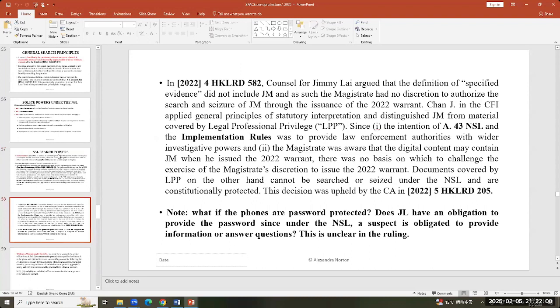What happened in the Jimmy Lai case is that the police first obtained a warrant to search the phone of Jimmy Lai. He argued that there was confidential information on it that was not covered by the warrant. So they then went back to court and got a better warrant that did cover the scope of their search.